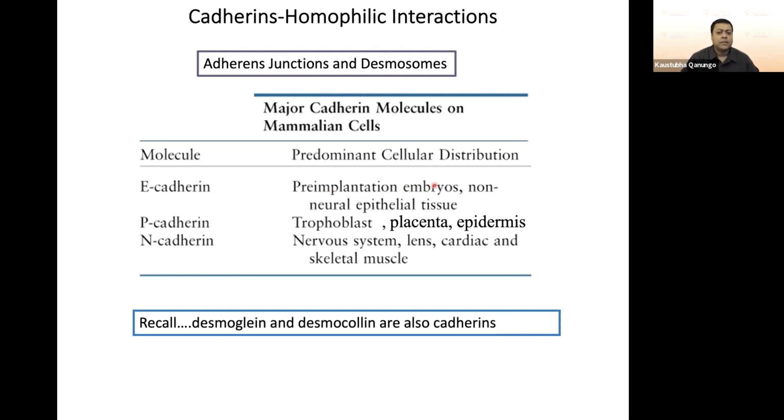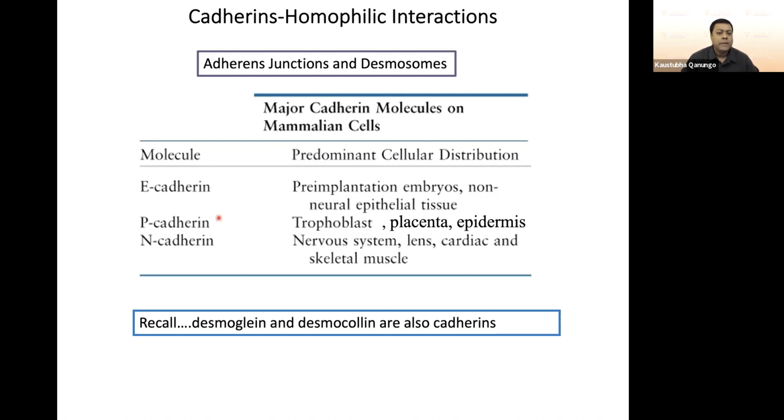Fertilization usually occurs in the fallopian tube or the uterine tube, and the embryo goes into the 4-cell, 8-cell stage morula and almost to the blastocyst level before it gets implanted. These morula cells, at the 4-cell, 8-cell stage, are sticking to each other, and this E-cadherin is responsible for sticking those cells together. You can also find them in non-neural epithelial tissue.